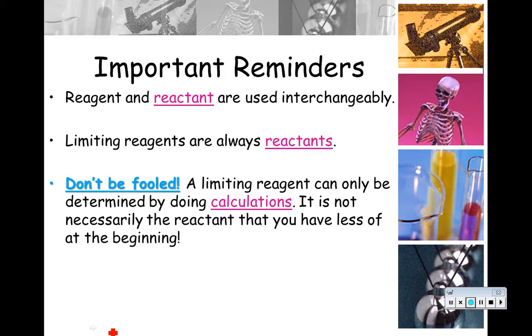A limiting reagent can only be determined by doing the calculations. It is not necessarily the reactant you have the less of at the beginning. Just because you have a problem that says you have 10 grams of this, 20 grams of the other, don't choose just the 10. You have to do the math before you go ahead and do it.